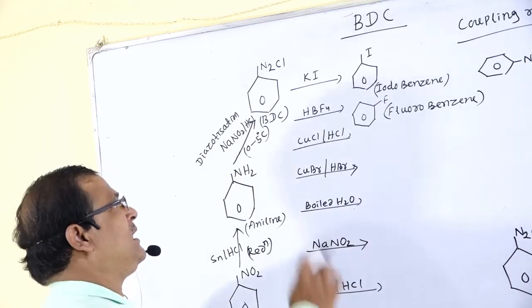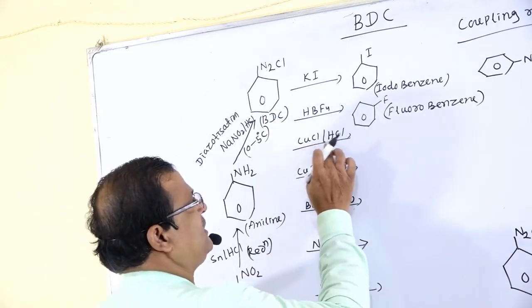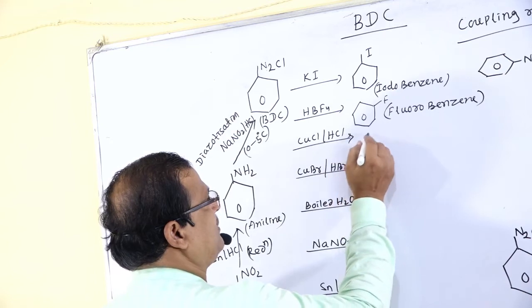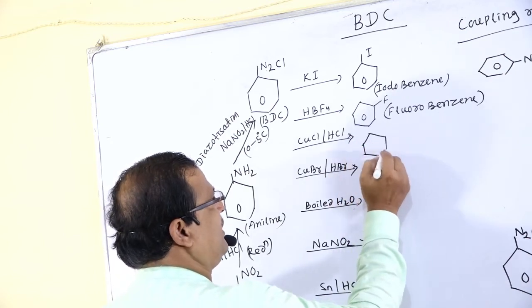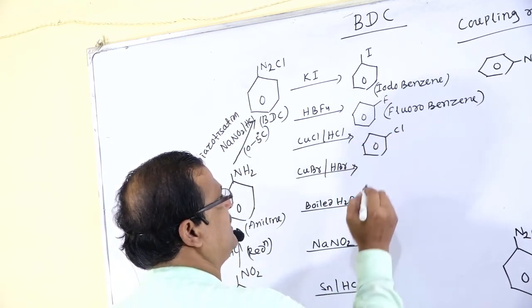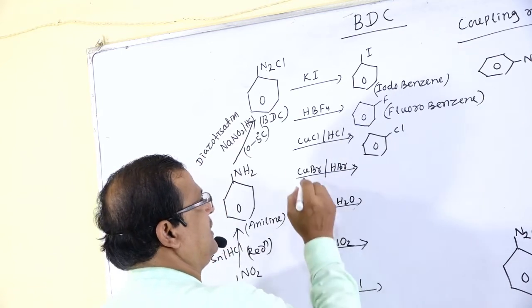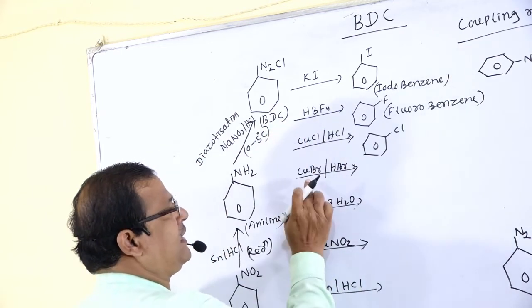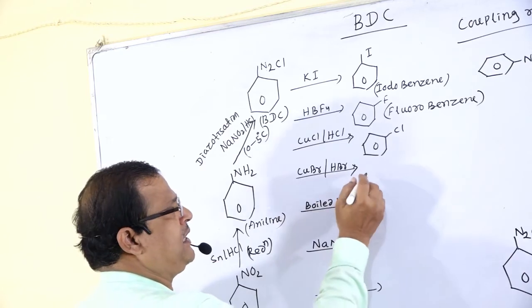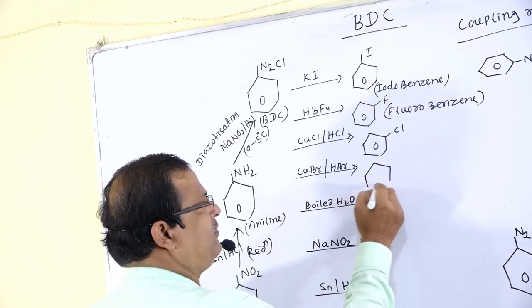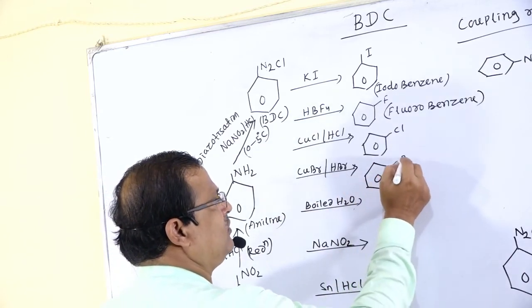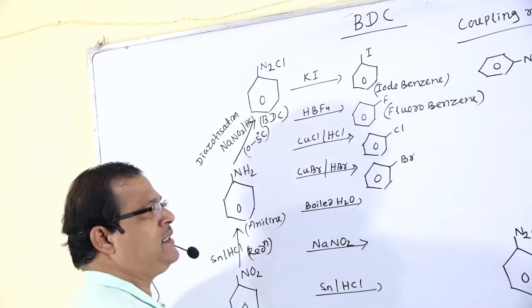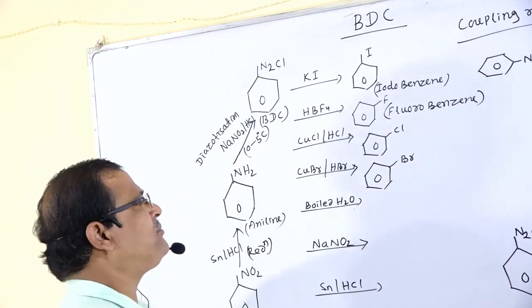So BDC treated with CuCl and HCl forms chlorobenzene. Benzene diazonium chloride treated with CuBr and HBr forms bromobenzene.